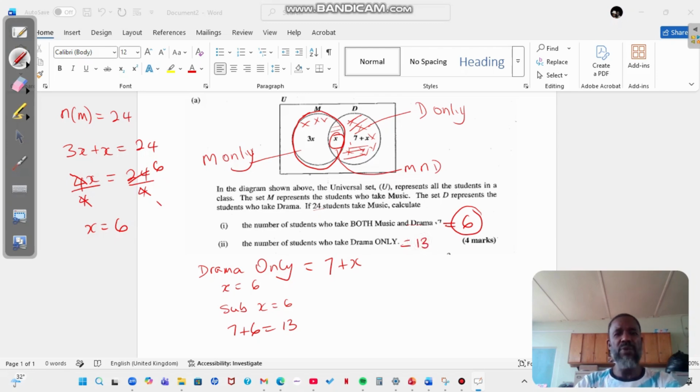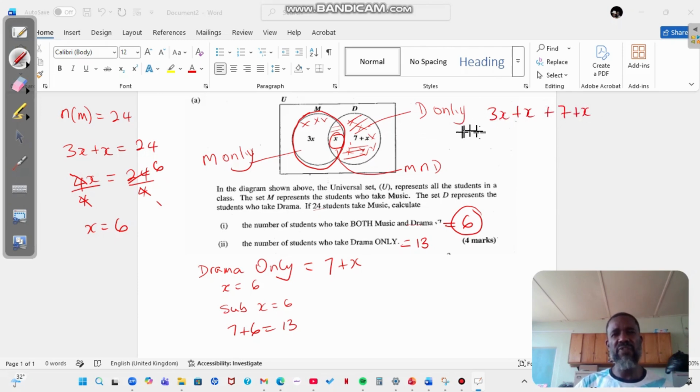We could even take this a bit further. Now that we know x is equal to 6, the total number of students in the class would be equal to 3x plus x plus 7 plus x.